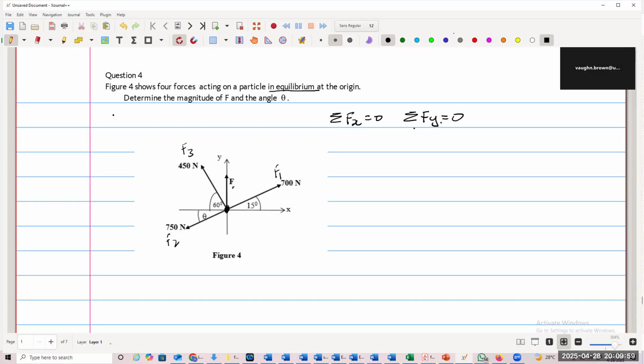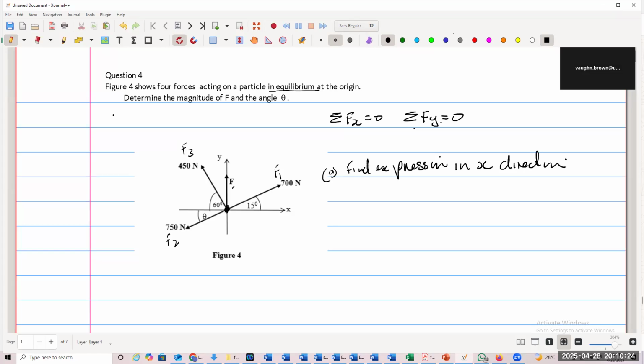Now, in the way your question will be structured, question A says you are to find an expression in the x direction. So you're going to say, find an expression in the x direction.